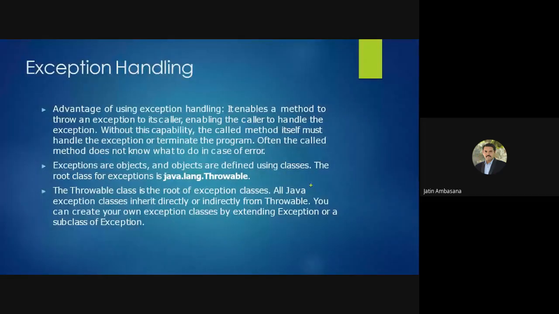So what did we learn in exceptions? What all things do we learn? We learn basically the 5 keywords: try, catch, throw, throws, and finally. Let me write it like this.